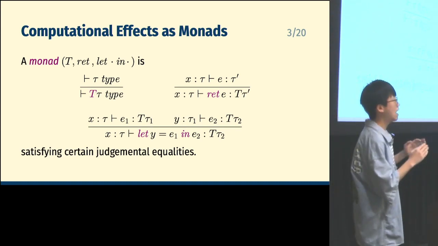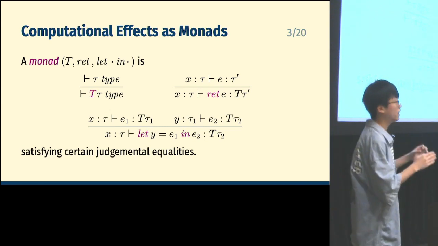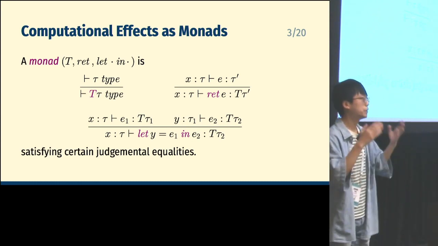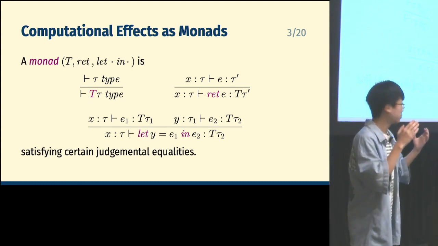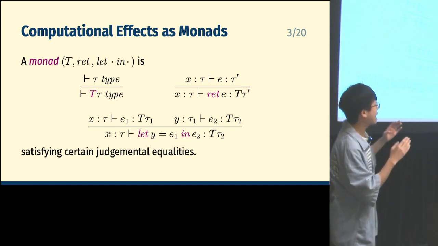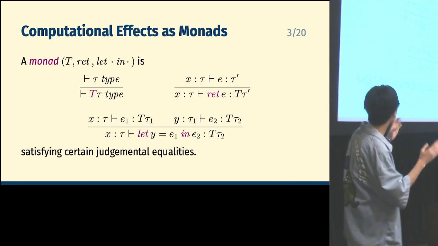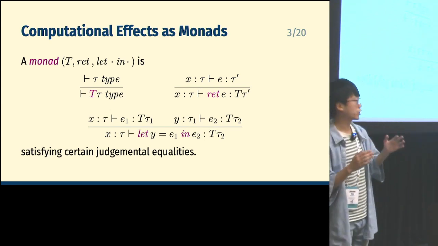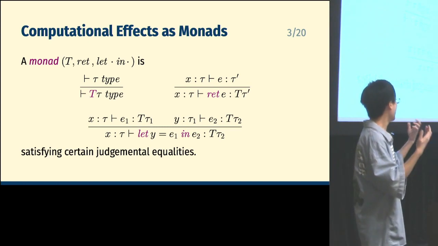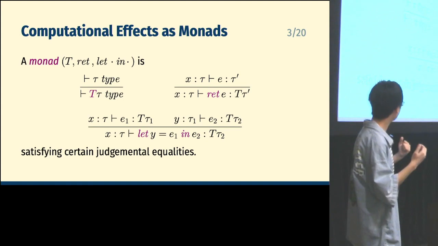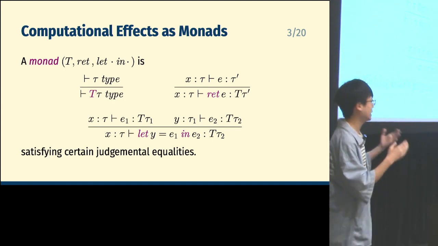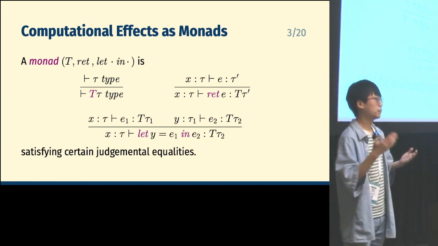The second says for every term e, the term return e is the pure computation that just returns the term e. And the third rule says whenever we have a computation e1, which computes some tau1 value, and another computation e2 in the context of a tau1 value, then we can have a sequential composition of both of them, which is written as a let-in on the slide. And these two term formation rules, return and let, are required to satisfy some judgmental equalities.